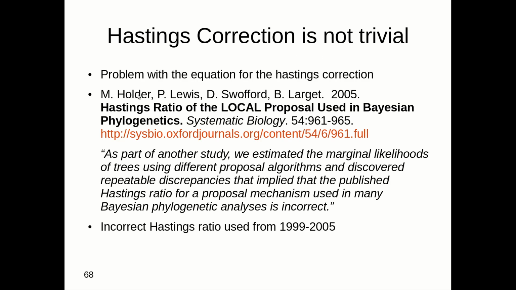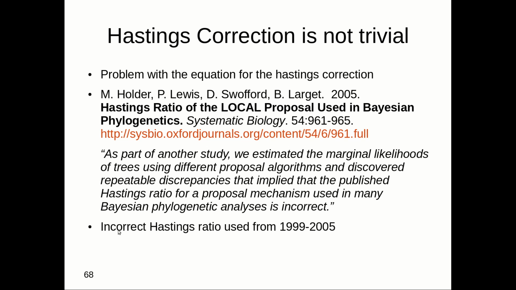One thing to keep in mind is that getting the Hastings correction right is actually not trivial. For instance, for many years, from the beginning of Bayesian phylogenetic inference around the mid-90s until 2005, there was a bug in the Hastings correction for one of the very important moves, the so-called local proposal or local move that was used in Bayesian phylogenetics up to this point.